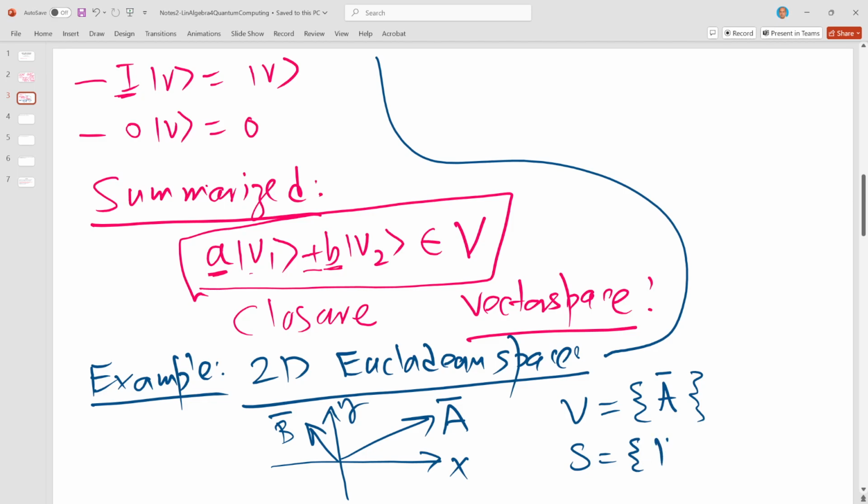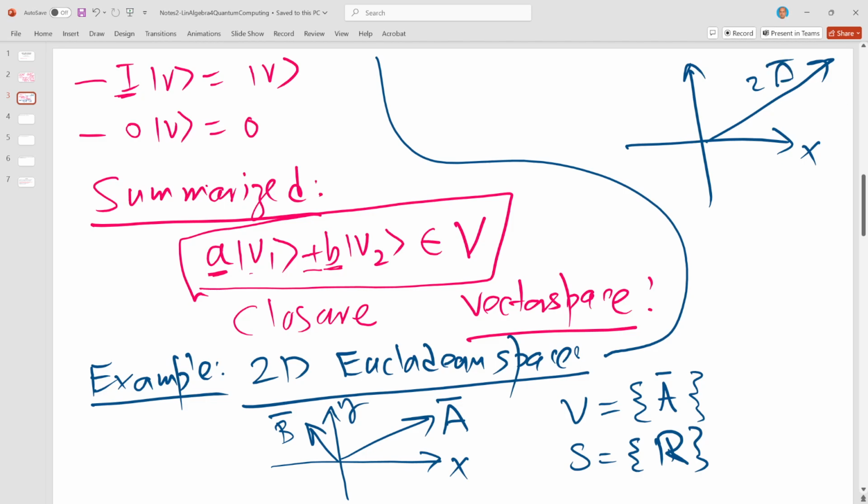and our set of scalars as all the real numbers, then this is a vector space, because we know that if we multiply any vector with a real number, the resulting vector will still be a vector. For example, if I multiply this a with 2, it becomes 2a, and 2a is also a vector. And if I add this a and b vector, the resulting vector c is also a vector.